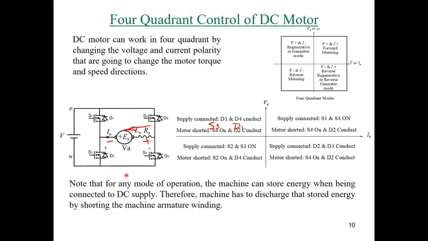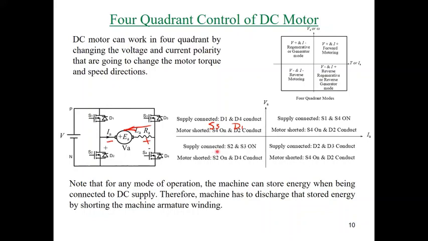No, if we disconnected the supply and we didn't make them short. First, we need to agree together that the connection or disconnection will be only through the power electronic elements. We are not physically disconnecting the supply from the circuit. Okay? Number two, we control the operation in reverse motoring.